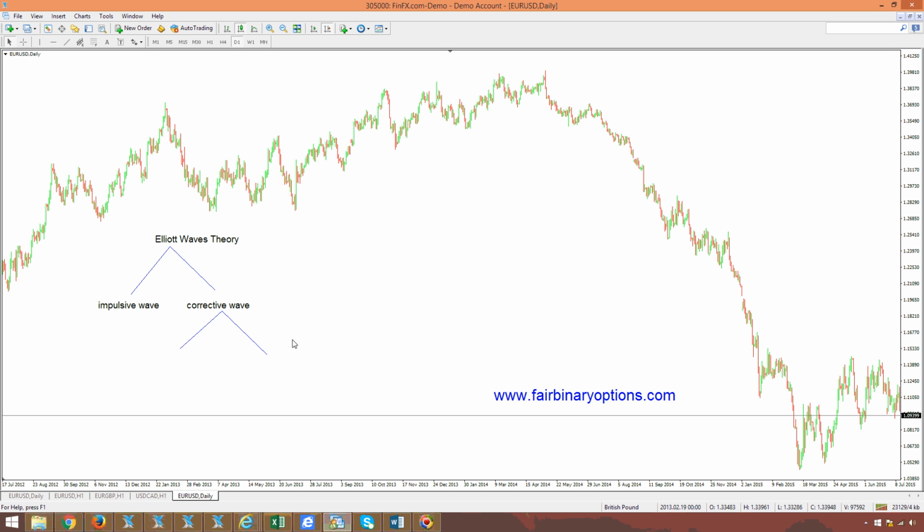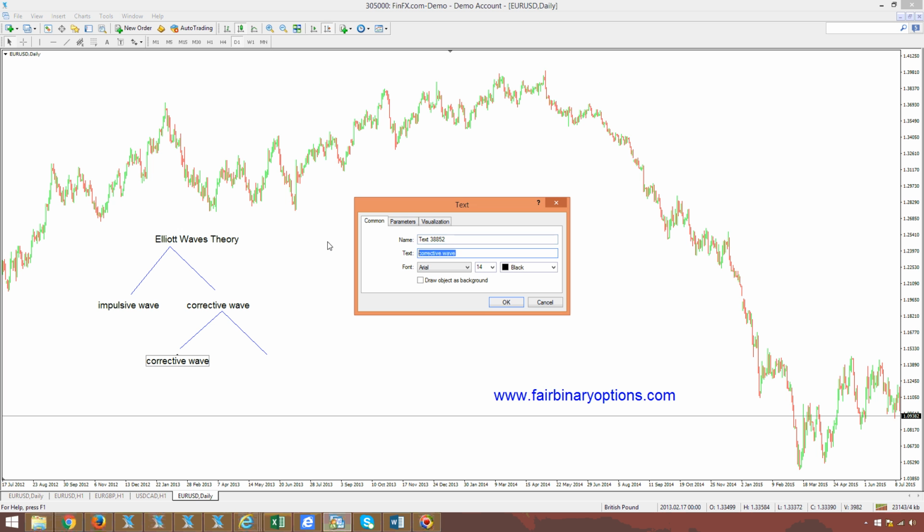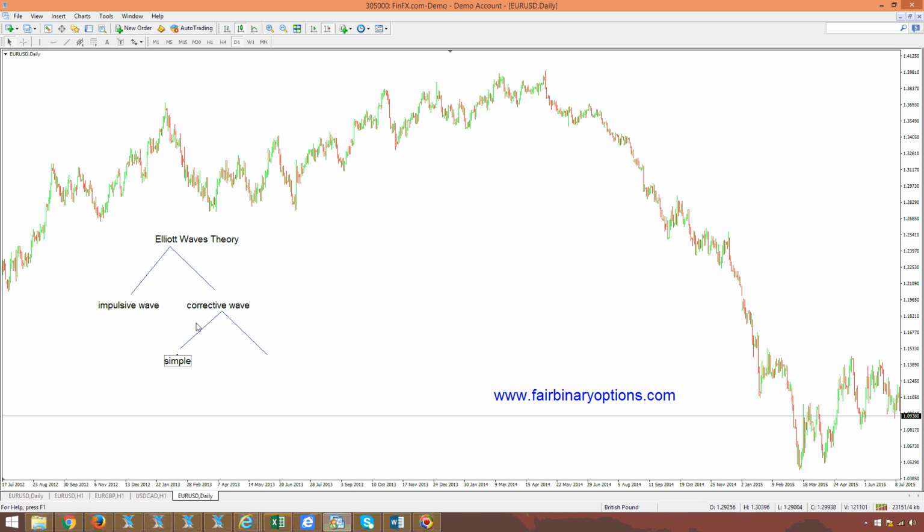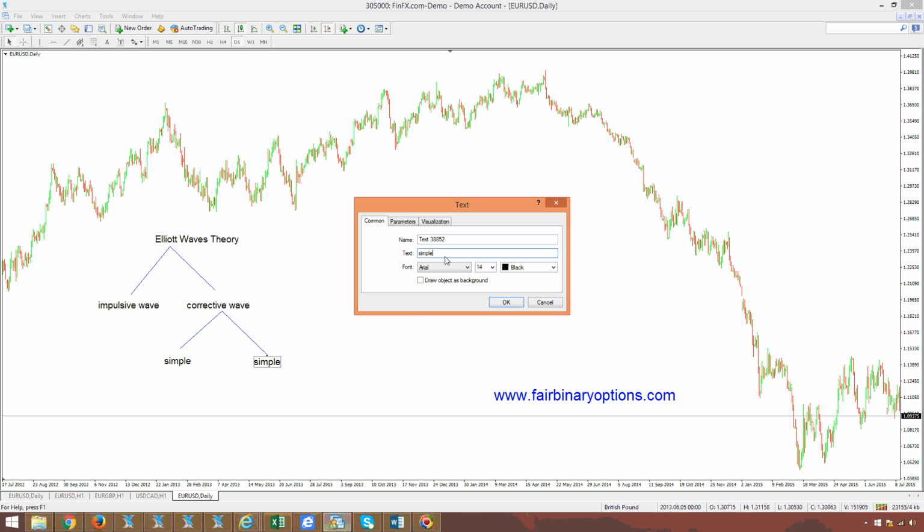So all those corrective waves that are being labeled with letters A, B, C's and X waves and so on are being either simple corrections or complex. So let's write here that they are divided into simple and complex. Simple and complex correction.